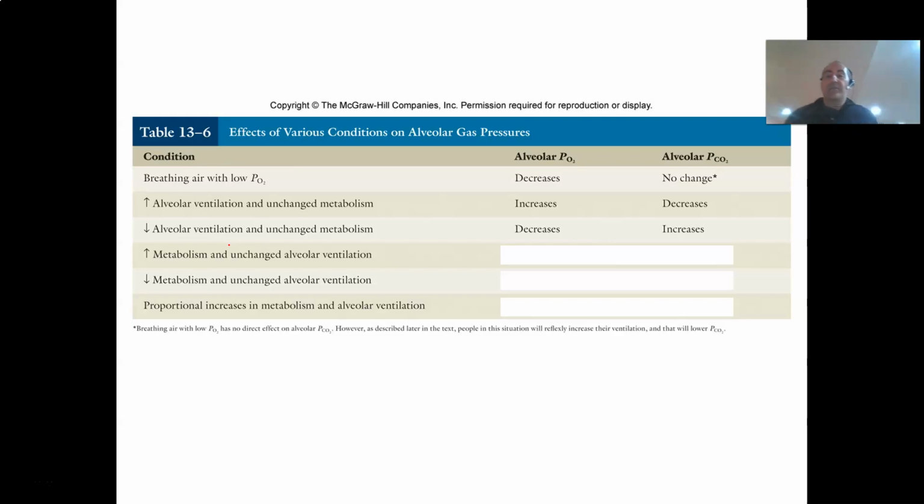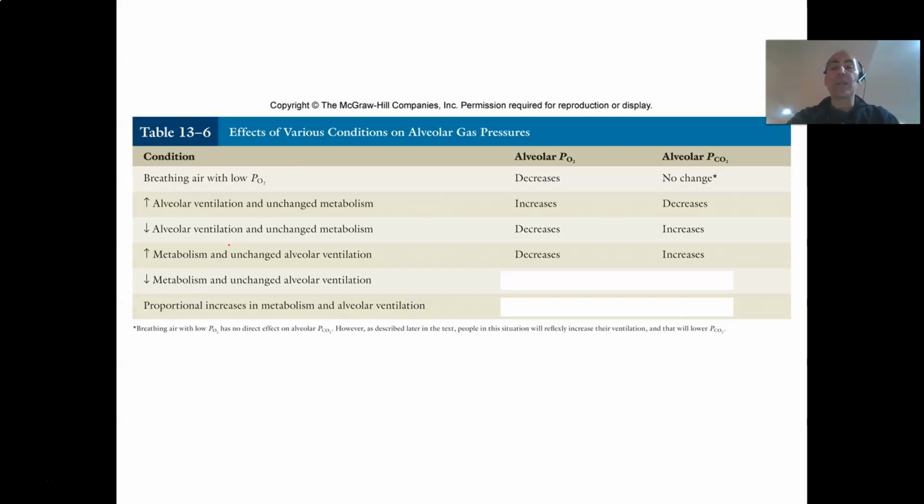Now you have a different scenario. The metabolism increases and you don't change ventilation, so the amount you're breathing in and out that is getting to the alveoli isn't changed, but your metabolism increases. So think about what would happen to alveolar PO2 and alveolar PCO2. In that case, the alveolar PO2 decreases, and the alveolar PCO2 increases.